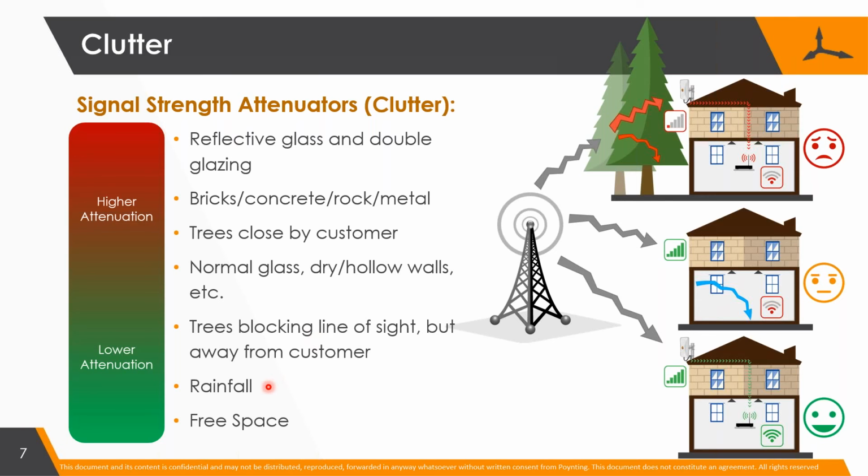Then this is a question I often get, where people say, does rainfall impact communication? Now I can tell you, if you're below 6 gigahertz, which is the upper ISM band, and lower, rainfall's virtually got zero impact on communication.